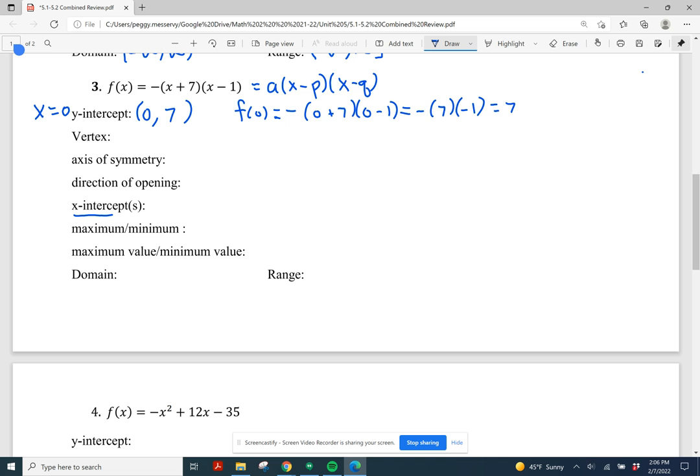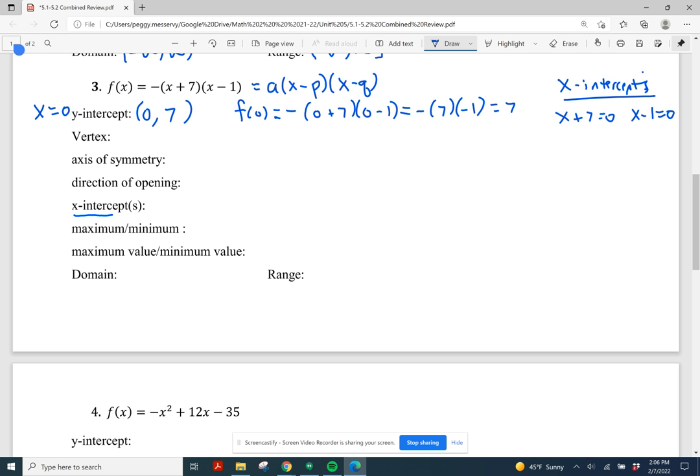Okay, so for my x-intercepts, I'm going to leave a little room down below for my graph. So for my x-intercepts, here's the beauty of the factored form. That is going to equal 0. When will that equal 0? When x plus 7 equals 0, or when x minus 1 equals 0.